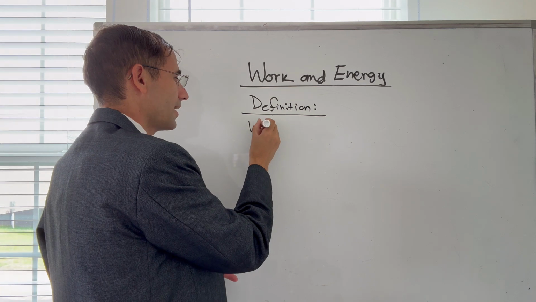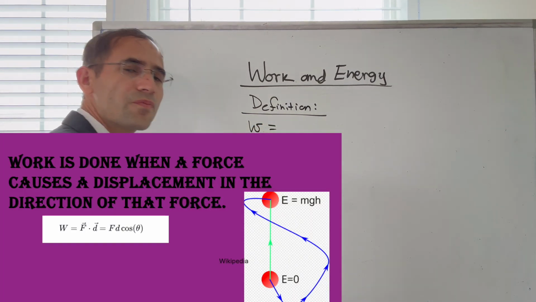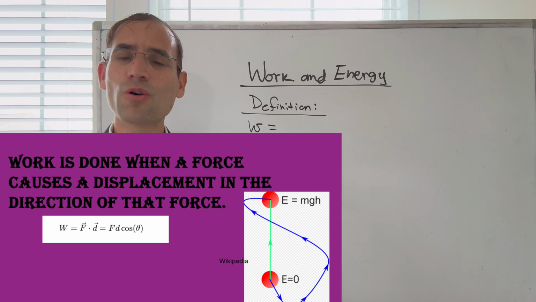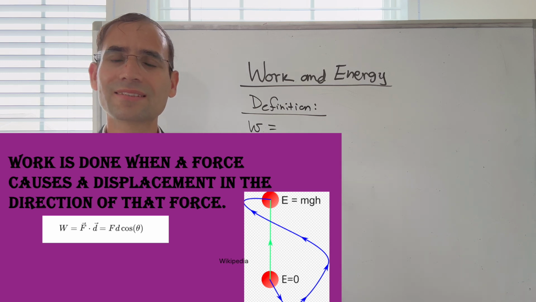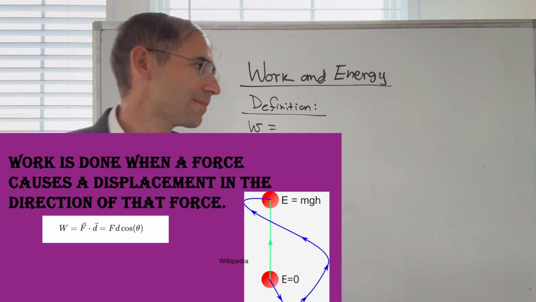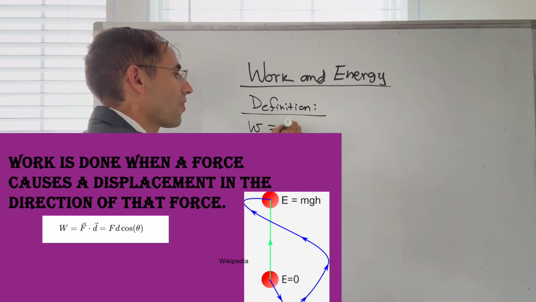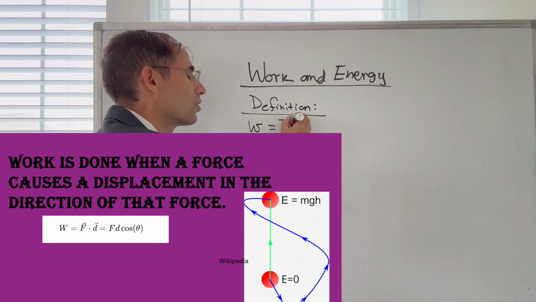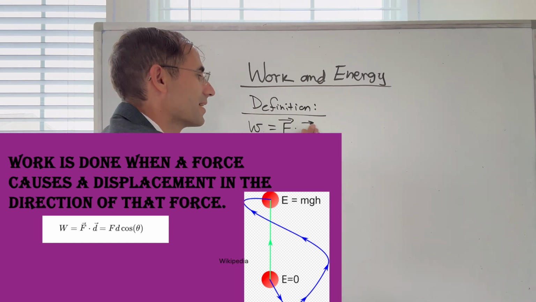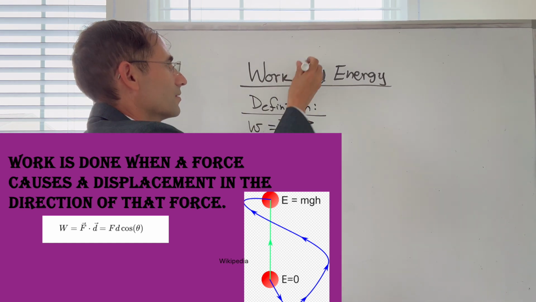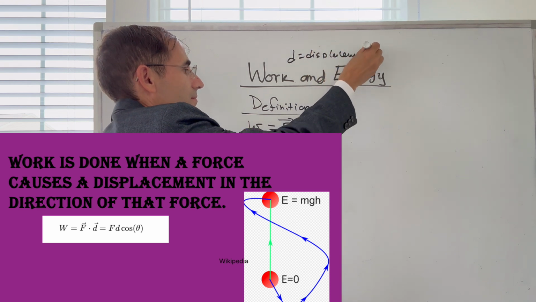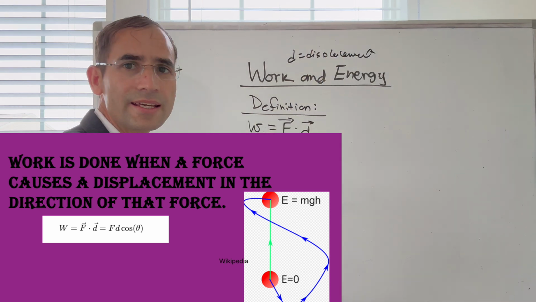The work done is denoted by W. If you don't displace any object by using a force, then physics does not recognize that as work. So the definition of work is the dot product of the force, which is a vector quantity, and the displacement d. F dot d, where d is displacement, not distance.